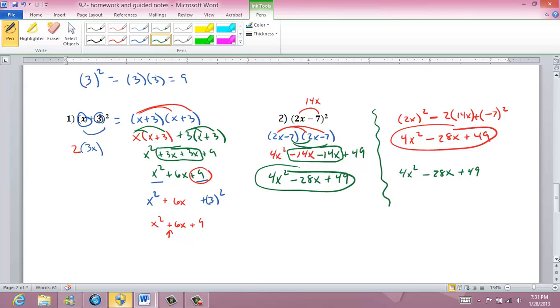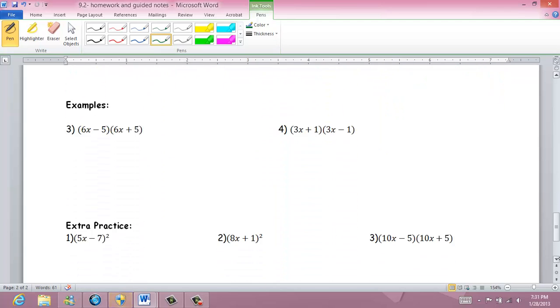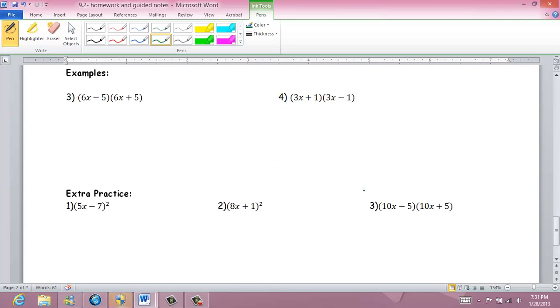Now, if I look down below, we have another special product. These examples, if you look at them, we have a binomial times a binomial. Okay, with a binomial times a binomial, we know we can pull out the first term and distribute it to each of the other two terms, and pull out the second term and distribute it to the second polynomial.